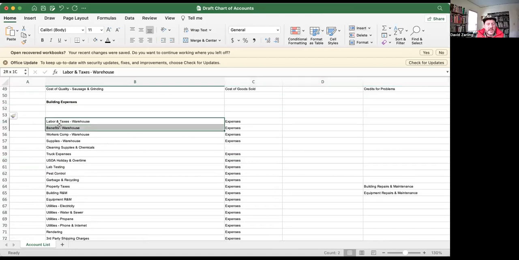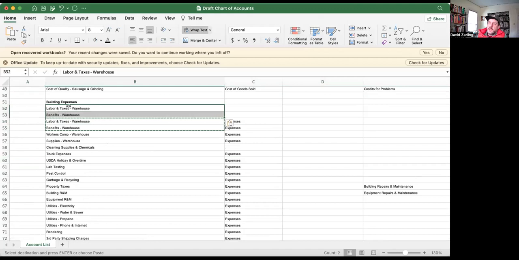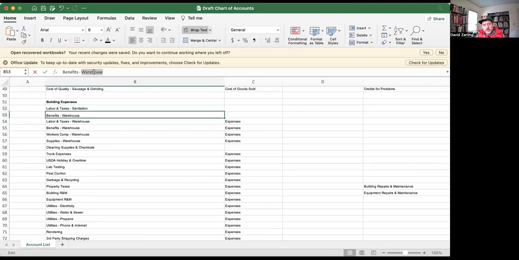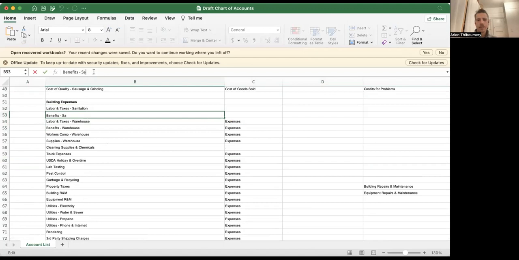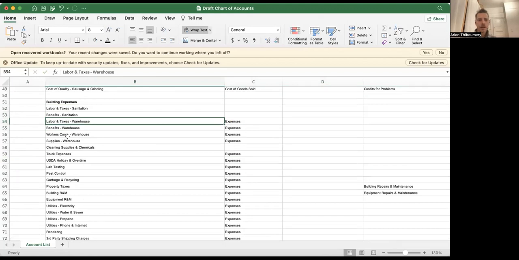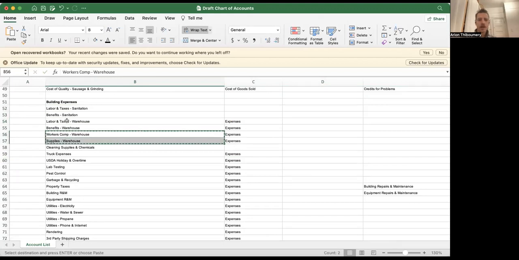Now, to tack onto that, would you consider that the same way if you have outsourced sanitation versus operator-driven sanitation? Yeah, if it's outsourced, sanitation is one line, and if it's operator-driven sanitation, I probably have the same four accounts, which are labor and taxes, benefits, workers' comp and supplies, which I'm actually just adding in here right now.